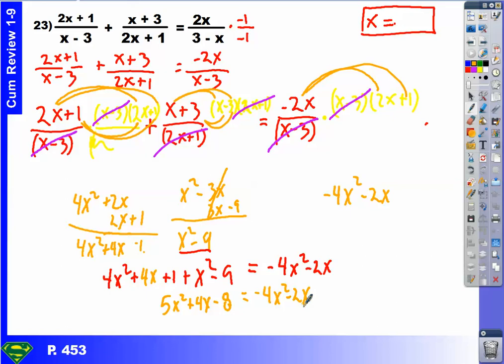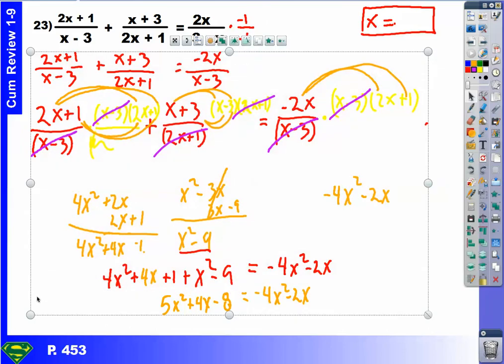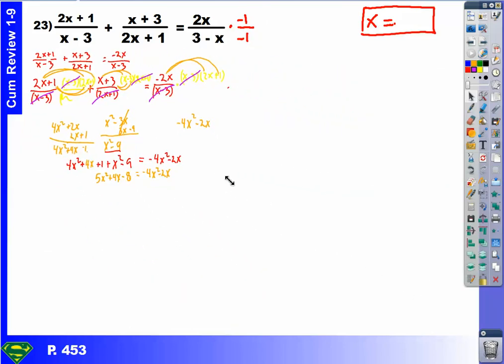So now, since I have a quadratic expression, I want everything on one side of the equal sign and a 0 on the other. So what am I going to do to get everything over to the left side of the equal sign? Add 4x squared to both sides.